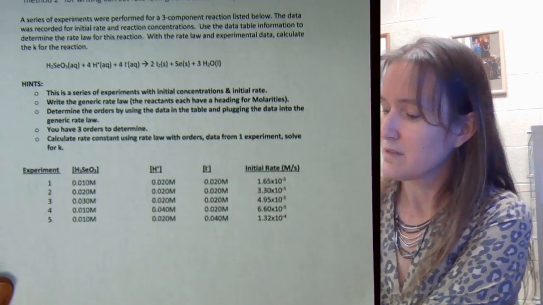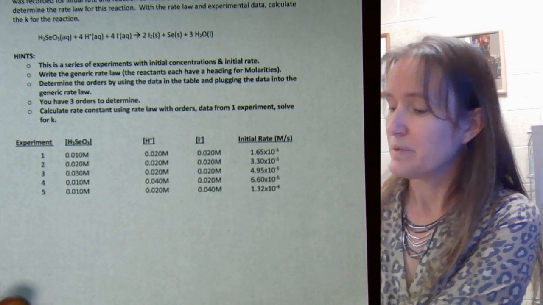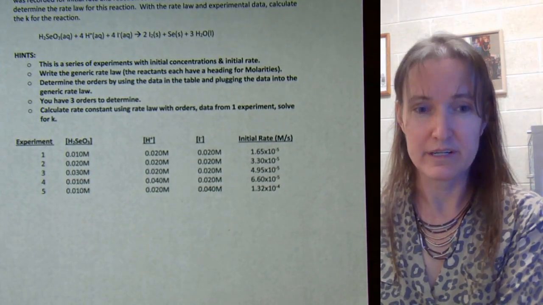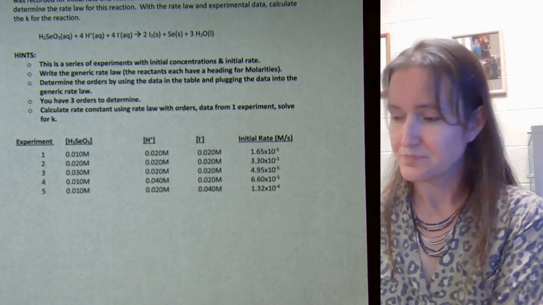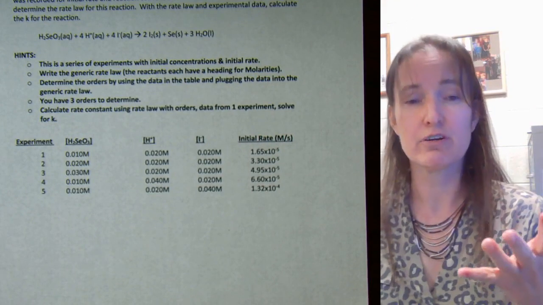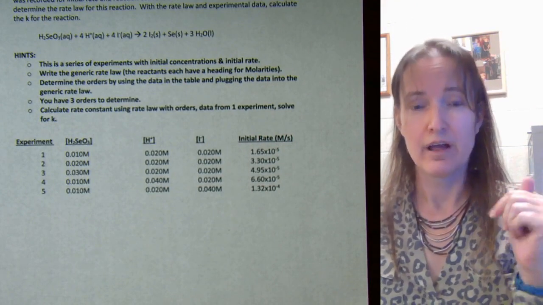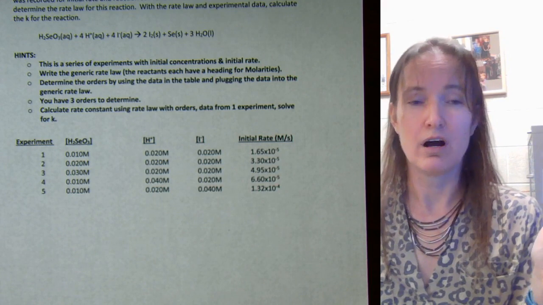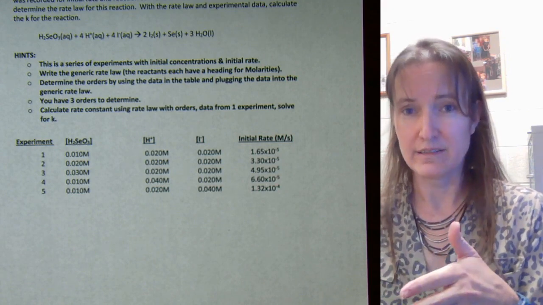So with this method, to begin to figure out what this rate law is, what you want to do is write the generic rate law for this reaction. And that rate law is going to include all of the reactants.